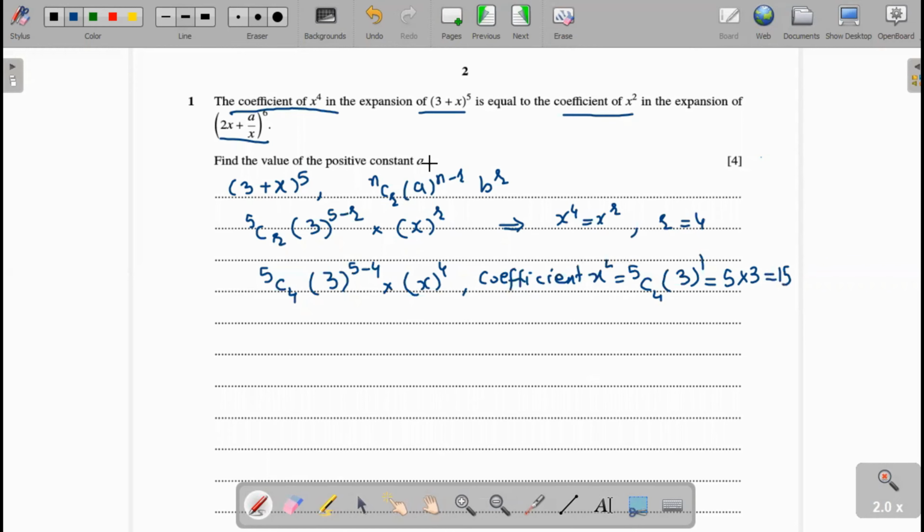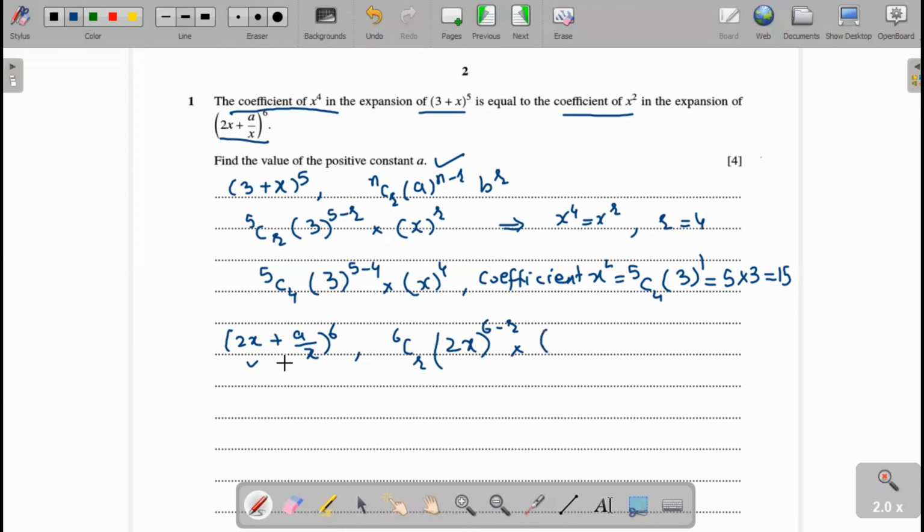Now we find the next coefficient, of x^2, using the same formula for this expansion, (2x + a/x)^6. Now put the values in this formula. Here n is 6, nCr as it is, r as it is. Here a is 2x, so we write (2x)^(6-r).